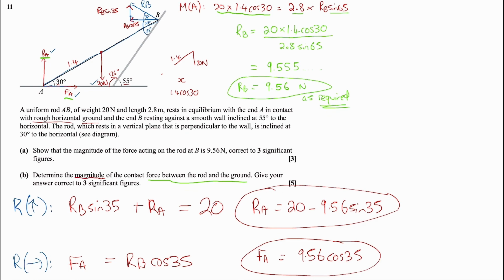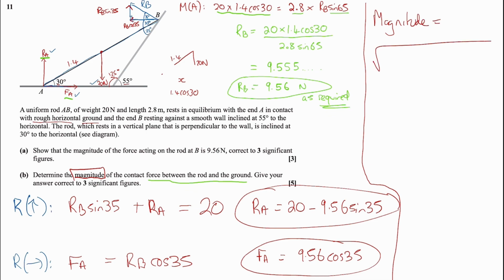Determine the magnitude of the contact force, which means we need to do Pythagoras on these two things. So the magnitude is going to equal the square root of 9.56 cos 35 squared plus 20 minus 9.56 sine 35 squared.